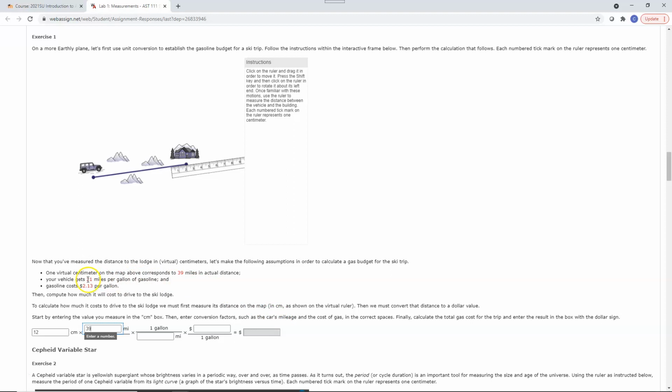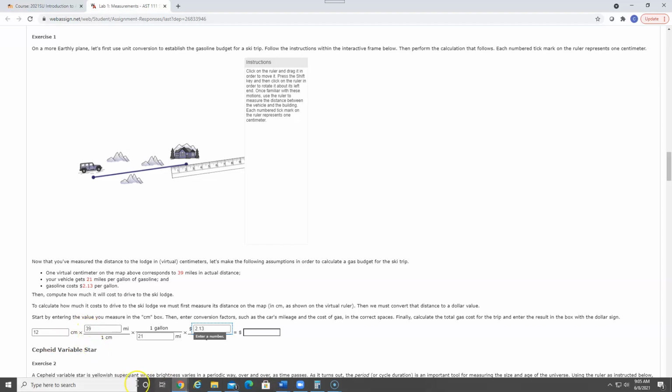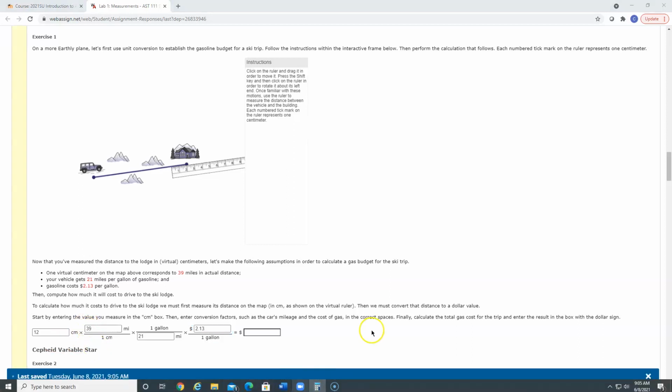Your vehicle gets 21 miles to the gallon of gasoline, so we're going to go over here and put in 21, and our gasoline costs are $2.13 per gallon, 2.13. All right, so then we need to put in a number. That number right there, so we have 12 times, let me just get my calculator up here, see if I can get that up.